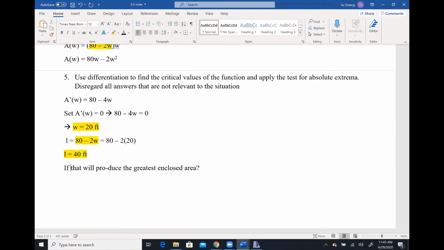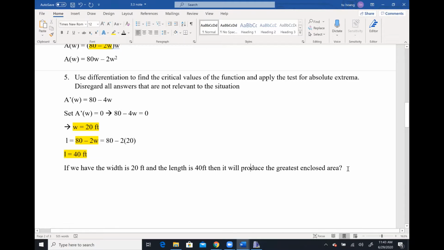If we have the width, the width is 20 feet and the length is 40 feet, then it will produce the greatest enclosed area A. And if I want, I can find out what the area is gonna be.